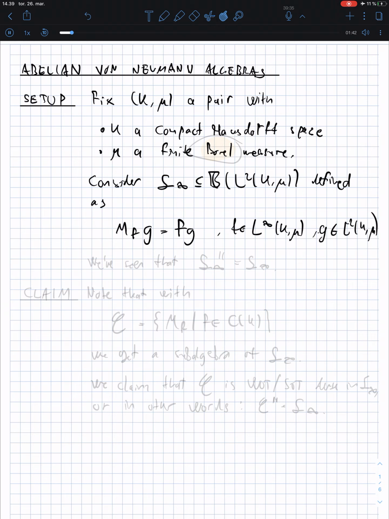And we've seen that L infinity is its own bicommutant, so hence it's a von Neumann algebra, and it's fairly clear from the definition that it's an Abelian von Neumann algebra.